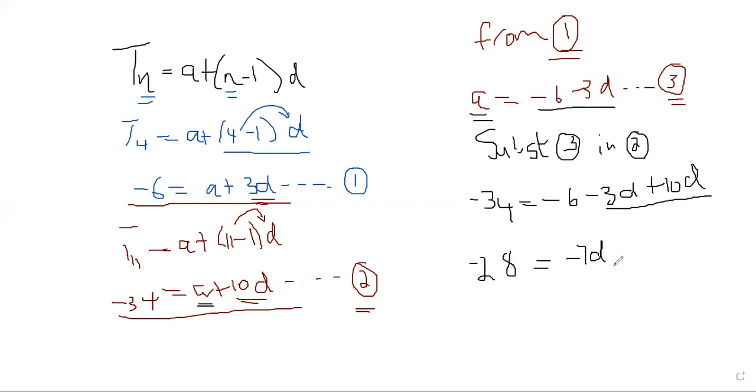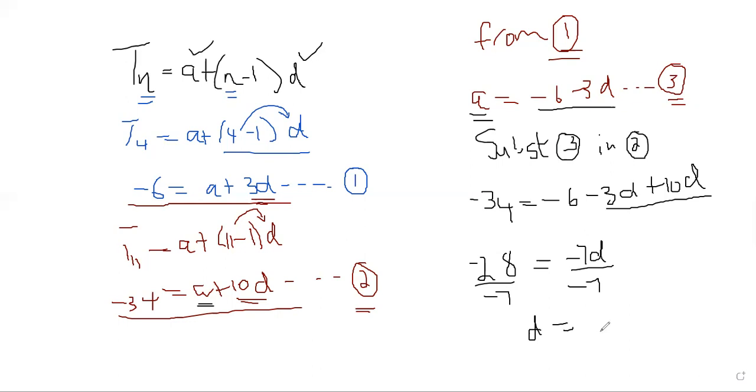And then you divide by -7 on both sides, because what we want is to find the first variable, right? Because we have two variables to solve for us to get here. We have A and D to solve. So here we can find D, and then your D will be equal to, what is 28 divided by 7? It is 4.